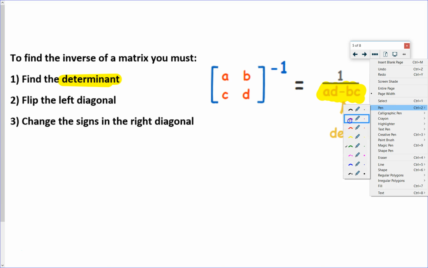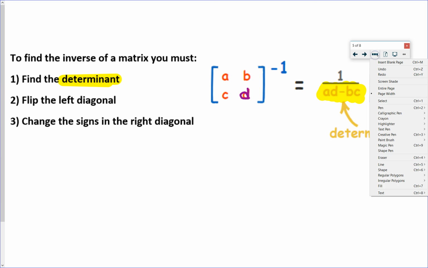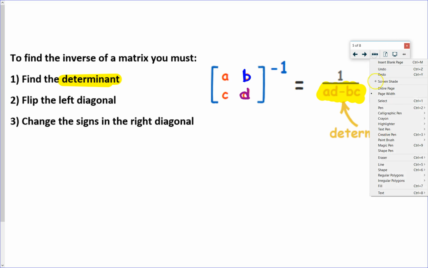Okay? Your original matrix. Step 1 is to flip your left diagonal. So AD, they get to switch places with each other. Okay? They switch spots. B and C, they stay where they are, but what happens? There's a negative attached to them now.